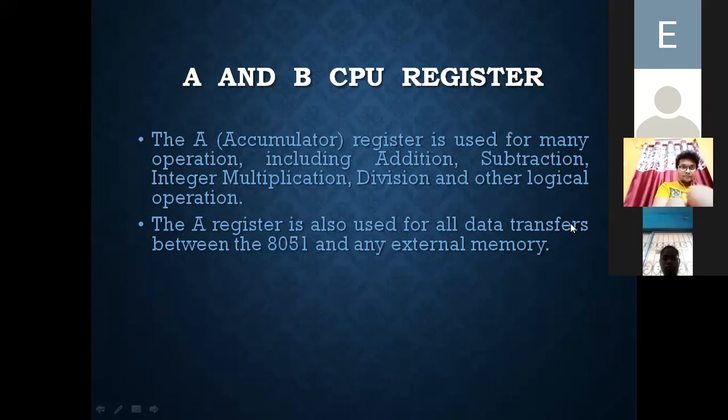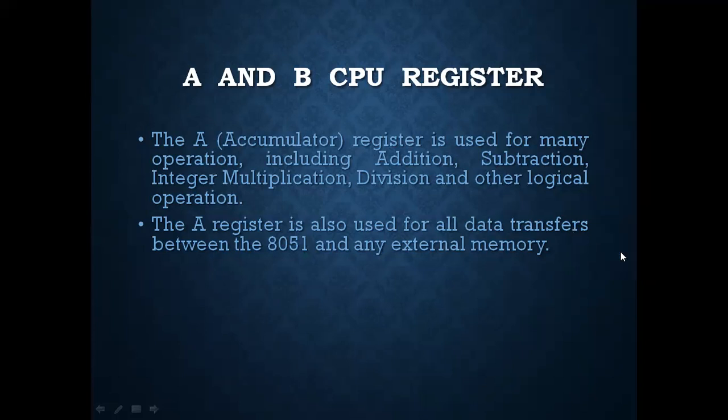As you know, the 8051 microcontroller has an internal RAM of 128 bytes and 4 kilobytes of ROM on chip. But what will occur when the program length or code length exceeds 4 kilobytes? Because ROM stores the program memory.